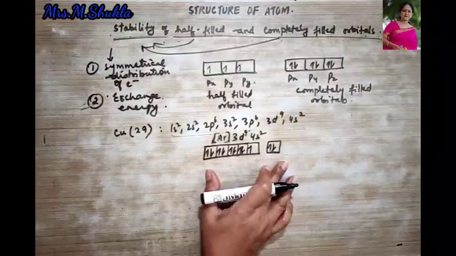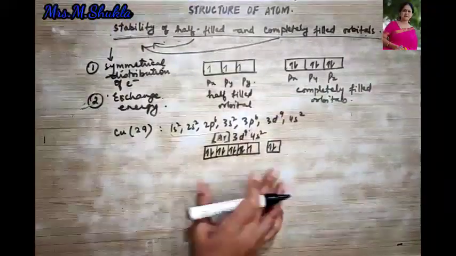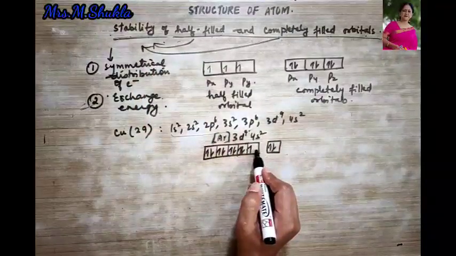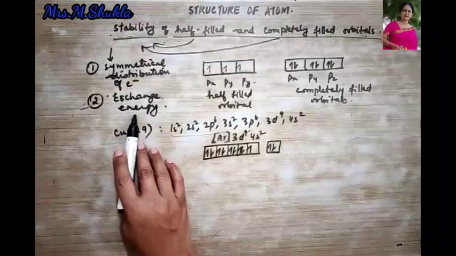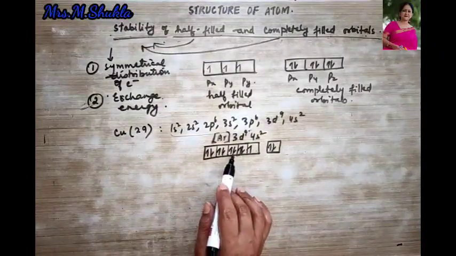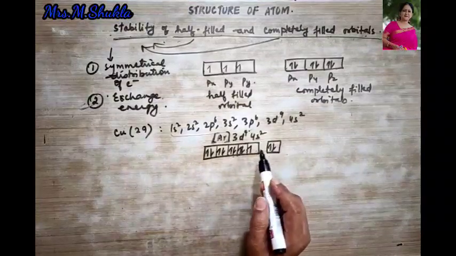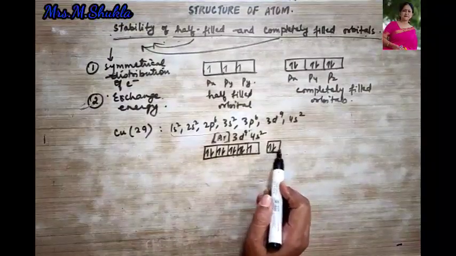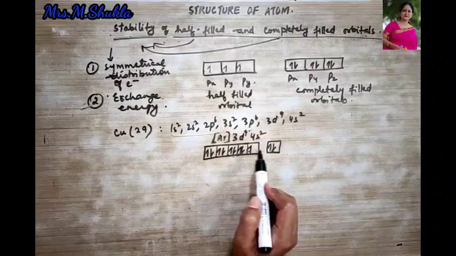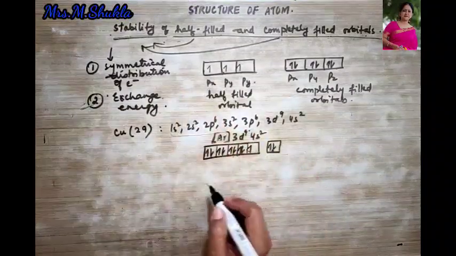So do you think it will be stable? Firstly, the symmetrical distribution of electrons is not there. Look at the last orbital. And now talk about the exchange energy. This will also be less. What will we see next? If one electron from the s orbital comes to this side, then it will be more stable.